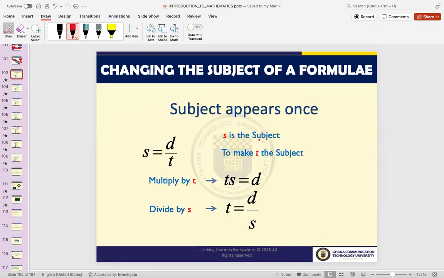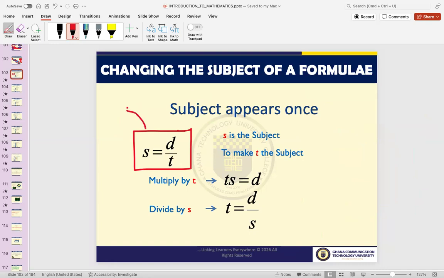So let's start with the simplest, the first one, when the alphabet appears once. Look at this algebraic expression. You have S on the left-hand side equals D divided by T on the right-hand side.